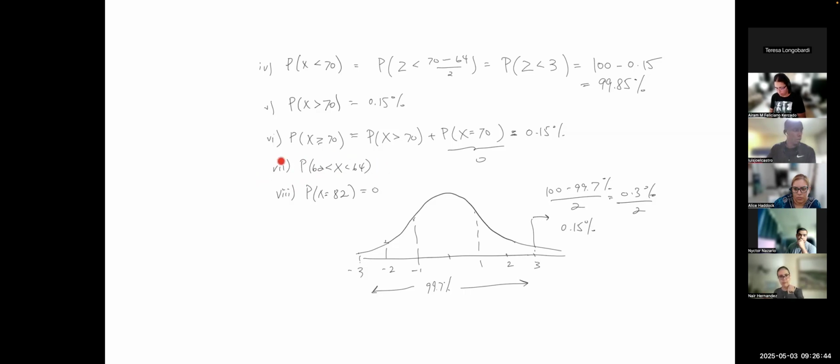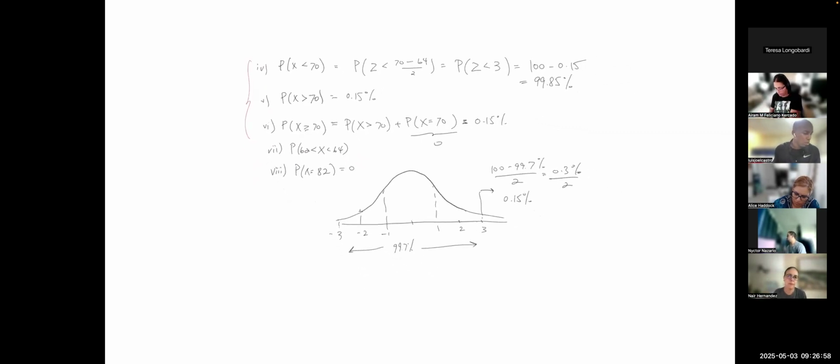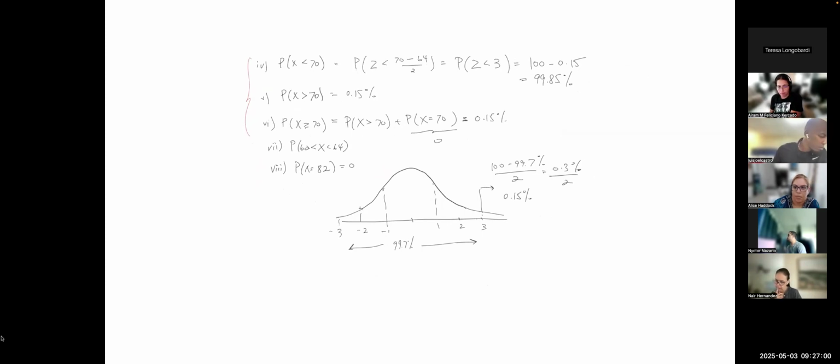Are you guys ready to go into number 7? All those were related, so I took advantage and related these ones. Let's do this one here. So standardize. 62 minus 64 over 2, and 64 minus 64 over 2.